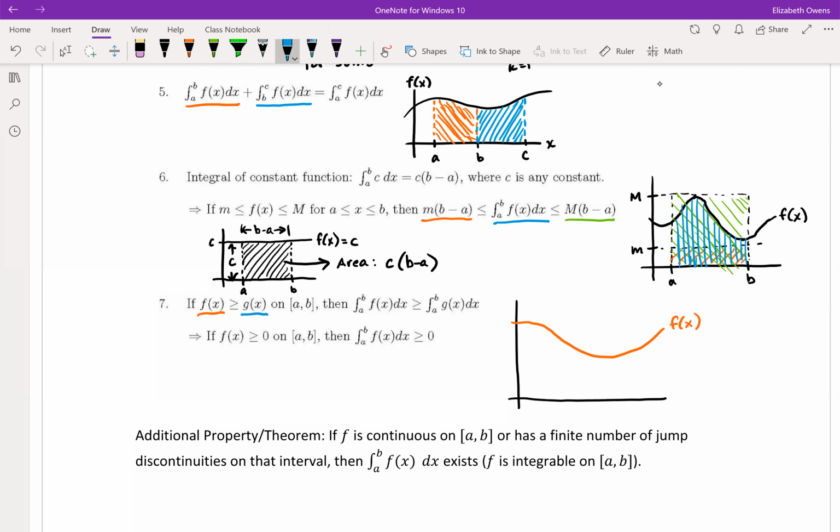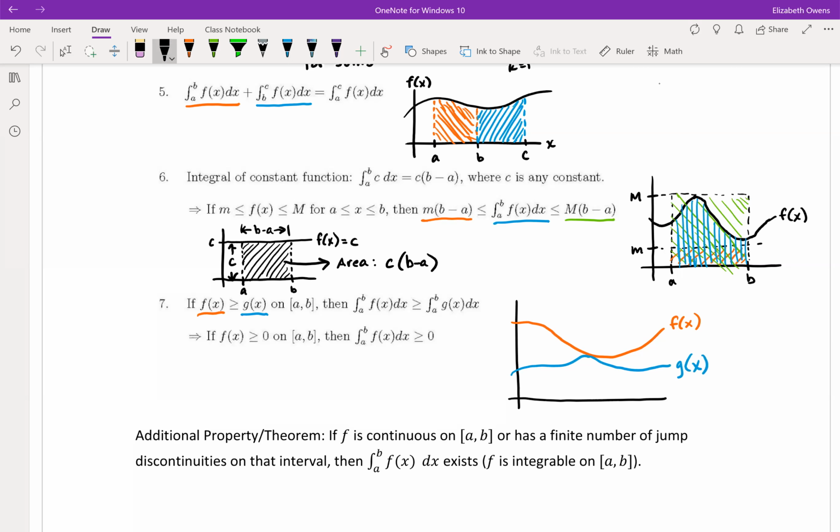And f of x is always greater than or equal to g of x on our interval. Outside the interval, we don't really care what they're doing, but let's make at least one point where they're equal there. Okay, so there's a g of x, that'll work. And let's identify a little interval here from a to b.